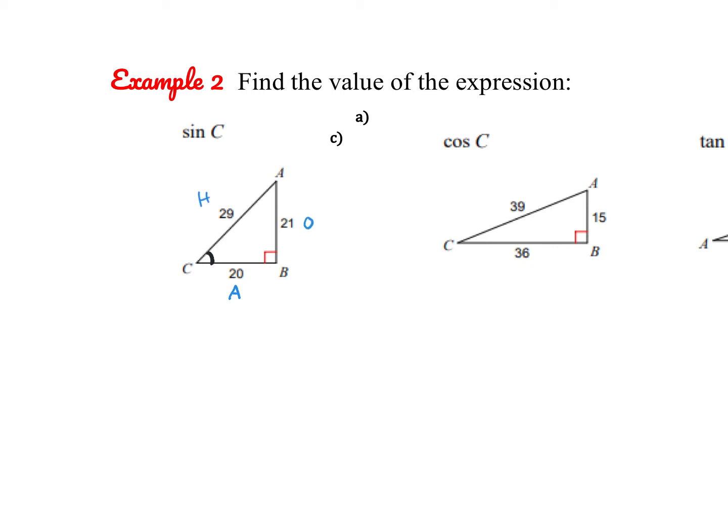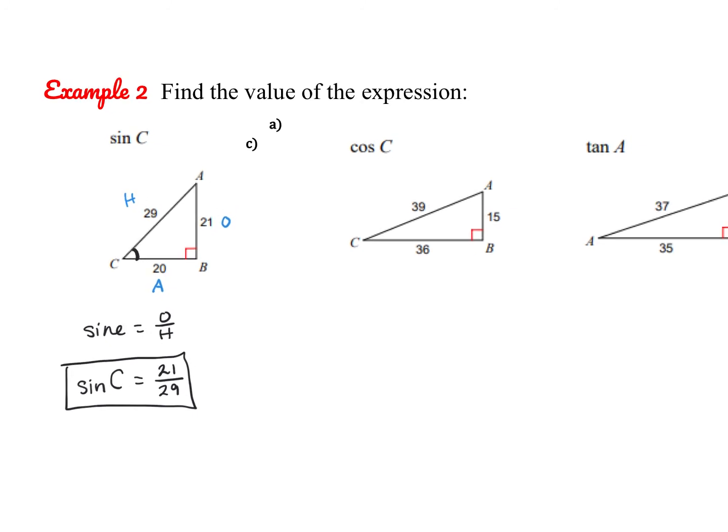So we know that sine is opposite over hypotenuse. So that means the sine of angle C is simply 21 over 29. So notice how I read it. I said the sine of angle C is 21 over 29. So it's the opposite side length over the hypotenuse.